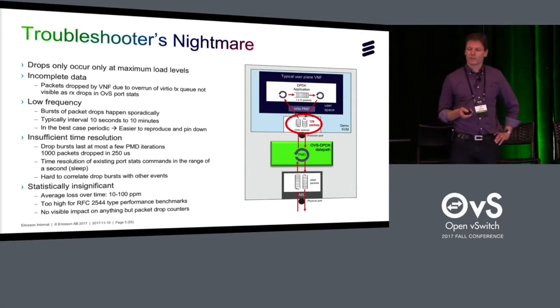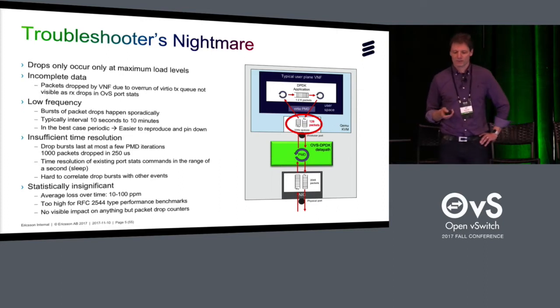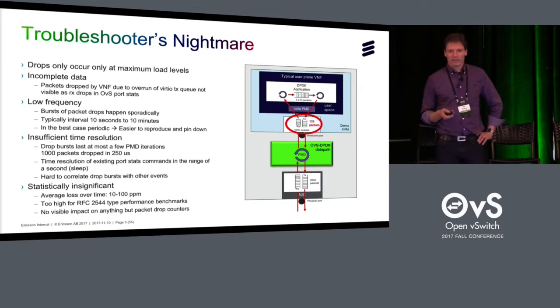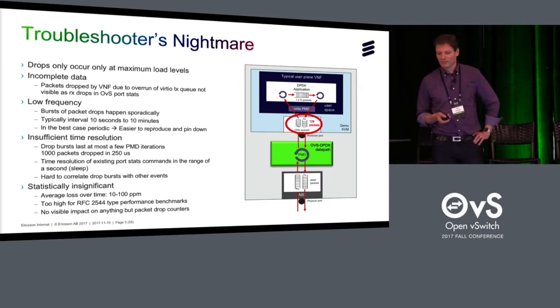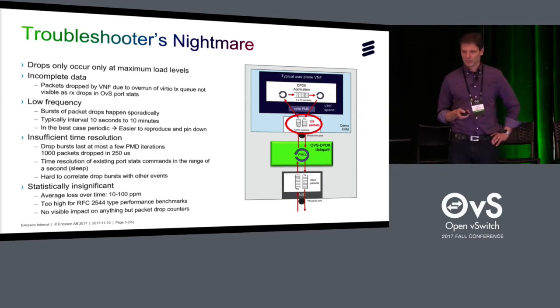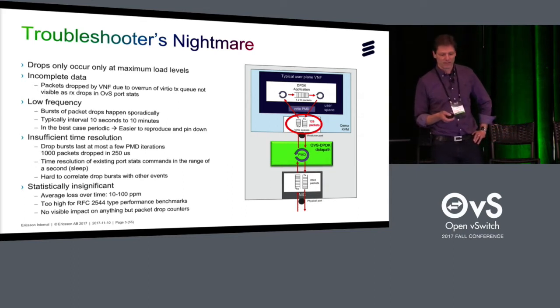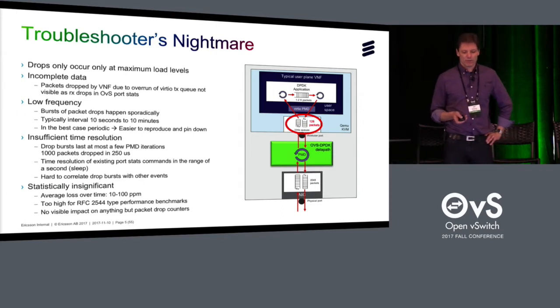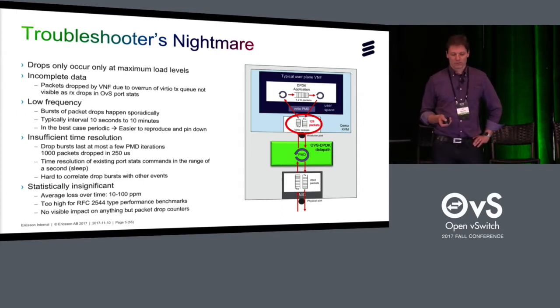With our existing tools, port status counters that we call repeatedly with a sleep in between, like 1 second granularity, you can imagine that it's impossible to find out when these packet drops happen, and whether there are multiple of them in a second or not. And it's extremely hard to correlate drop events with other events in the system due to this lack of timing.